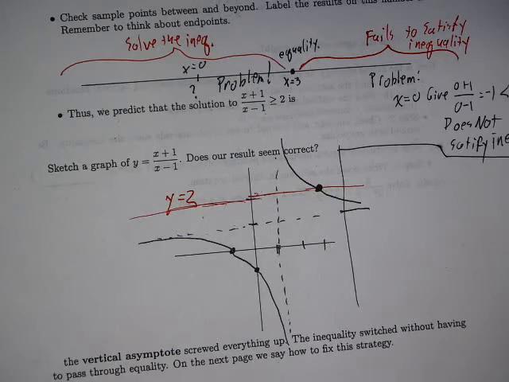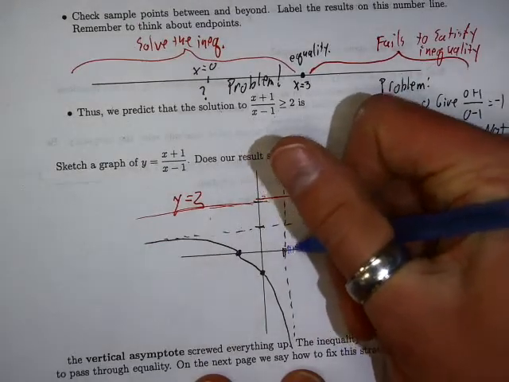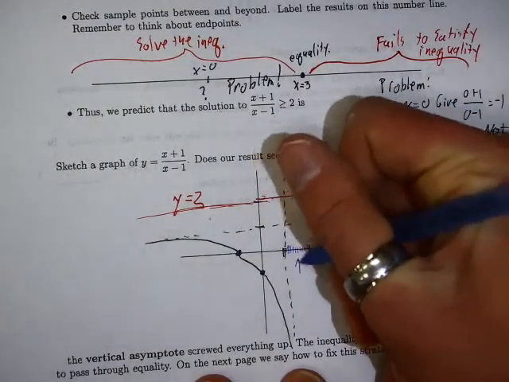What about this y value? Does it solve the inequality? Is the y value over this point bigger than or equal to 2? Yeah, it's like way up there. So the solution seems to start at 1 and go all the way until 2, and then it stops solving. So it sure looks like there's the solution.